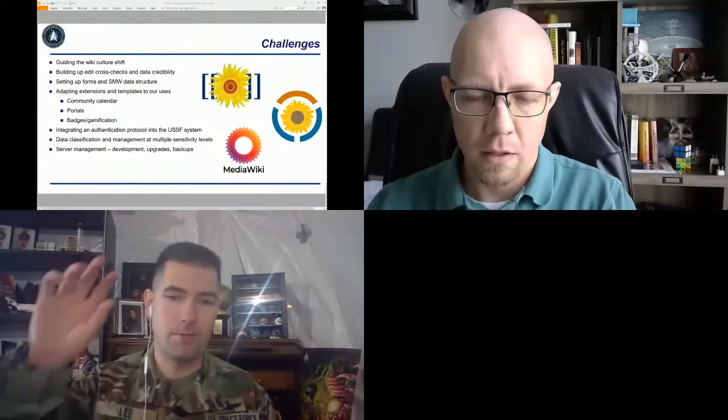How did the idea for wikis and MediaWiki specifically get started? So this was coming out of a few conferences that we'd had early last year, right, Captain Lee? Yeah, it was just over a year ago that, as the Space Force approached, hey, how are we going to do doctrine broadly? And we broke it up into strategic, operational, and tactical.